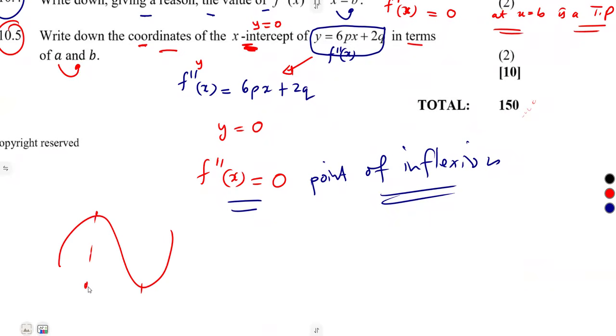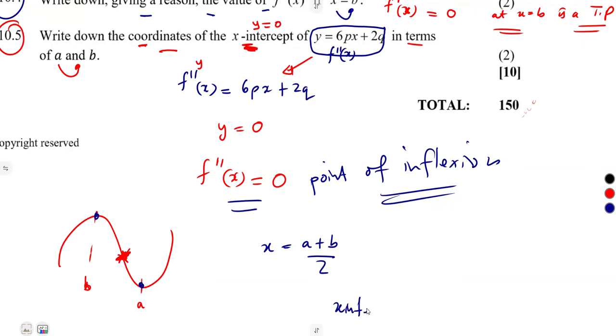The x at A, this was B, this was the x at A. These are the turning points. The point of inflection will be in between. So that's the x value. The x value, remember I talk about the x-intercept. So the x value at the point of inflection is given by a plus b over 2. The values of x at the turning points, their average.